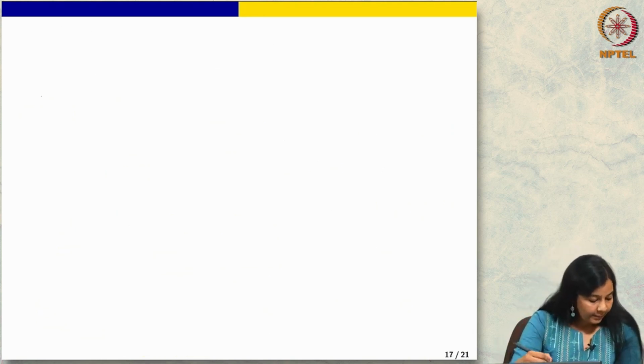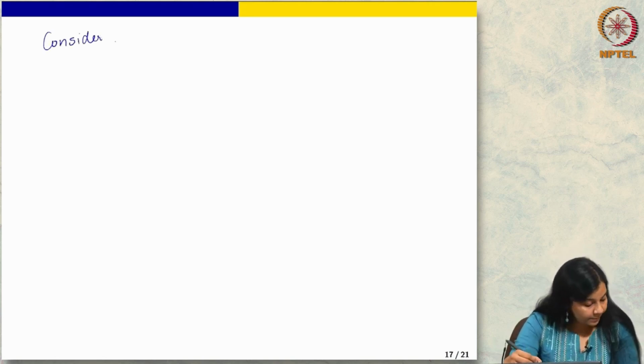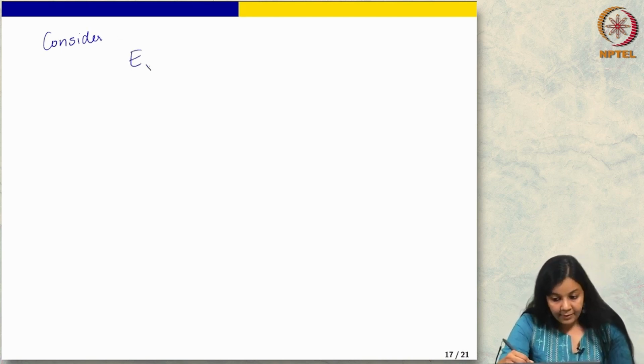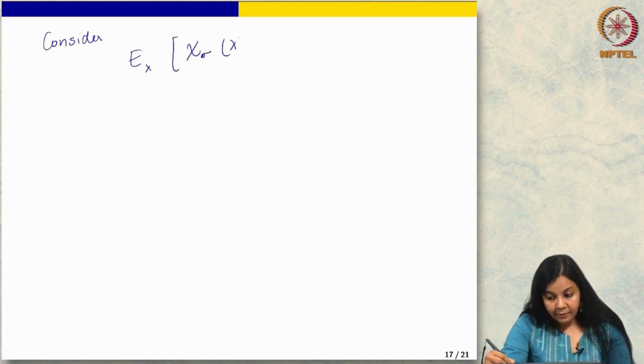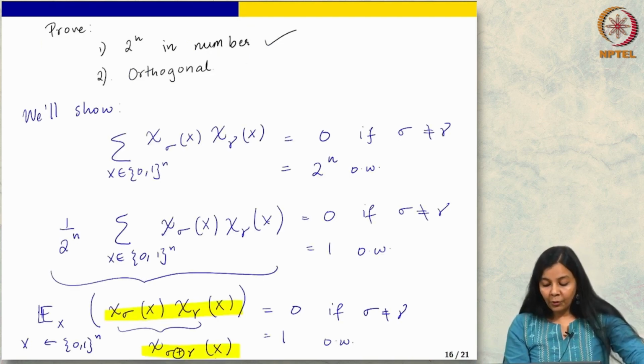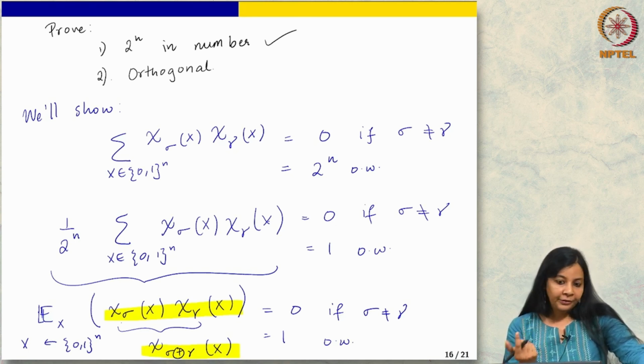Now let us consider the expectation over x of chi sigma x. What I was hoping to show you in the last line is that the product of two of these chi's can equivalently be seen as a single chi for a different sigma, a different subscript.